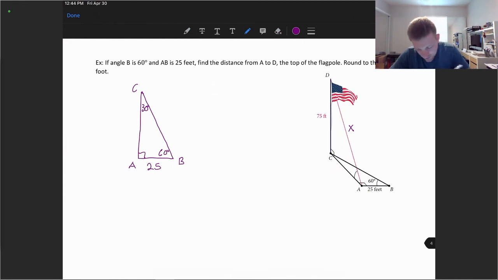So one thing that might be important for us to know is, what is the length from A to C? We could call that Y. Because that's going to relate the triangle on the ground to the vertical triangle that we have against the flagpole. So let's consider again the ratios of our right triangle.